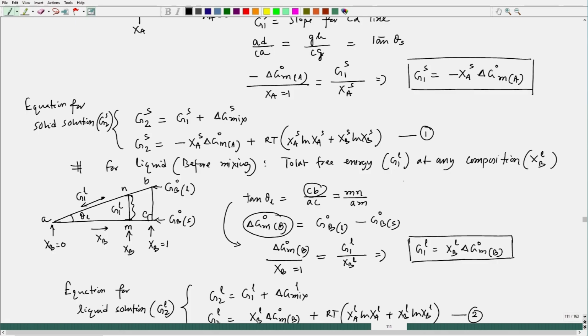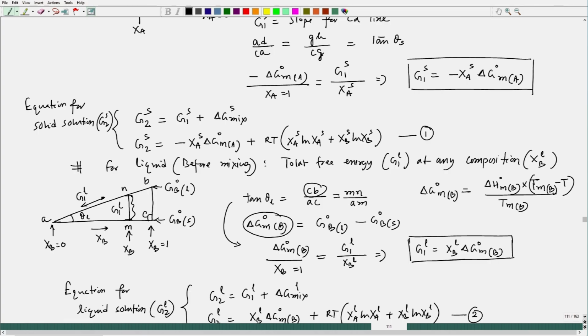That formula is: delta G m B should be equal to delta H naught m B, which is the standard enthalpy change for melting of B, into T m B minus T, divided by T m B.